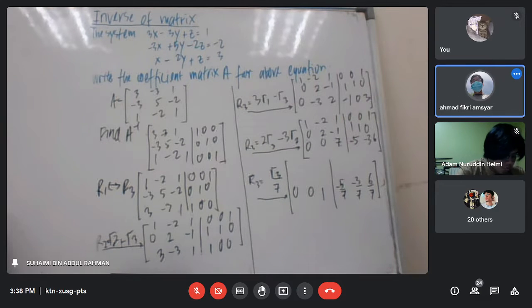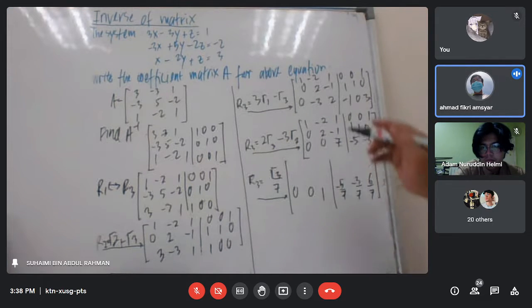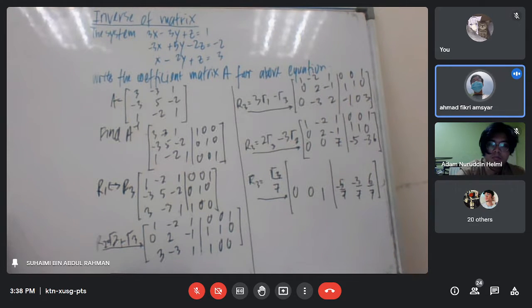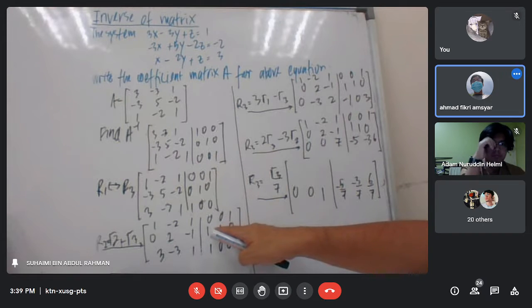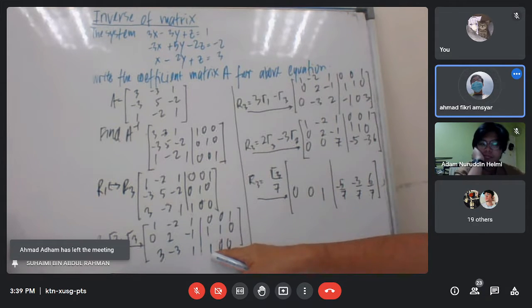1, negative 2, 1. Correct. So up to negative 2 over R1.